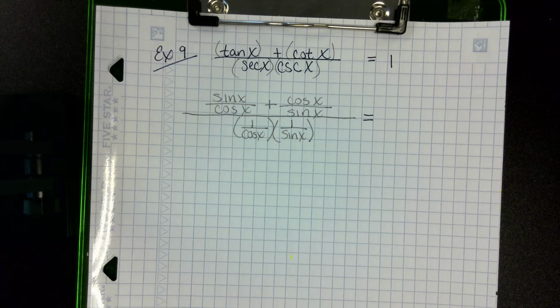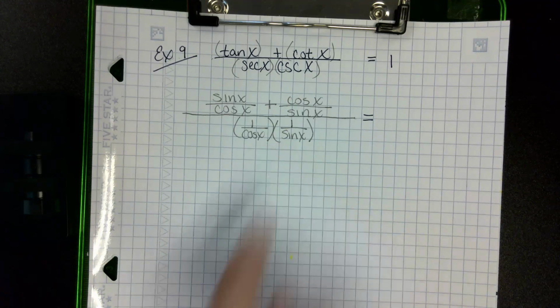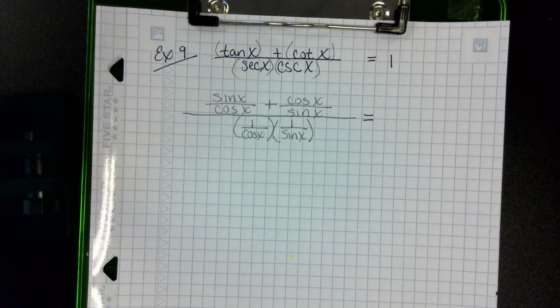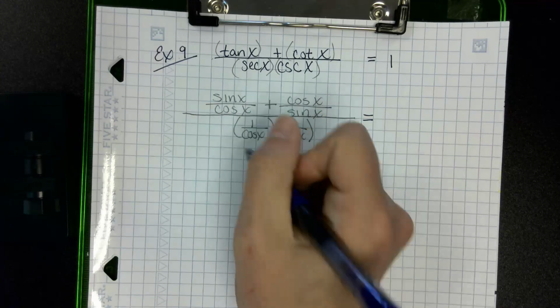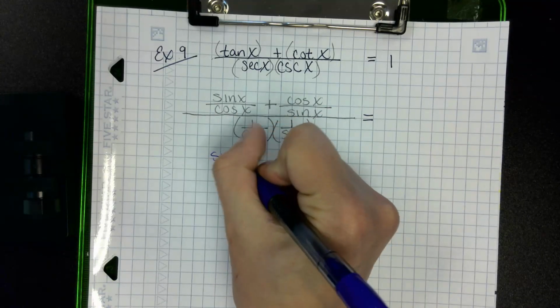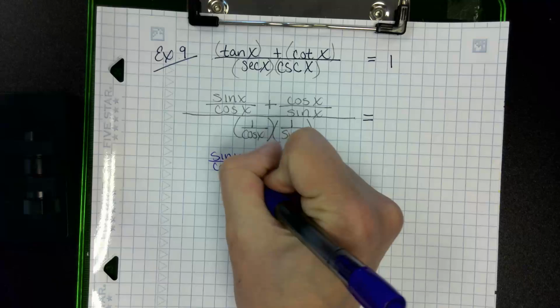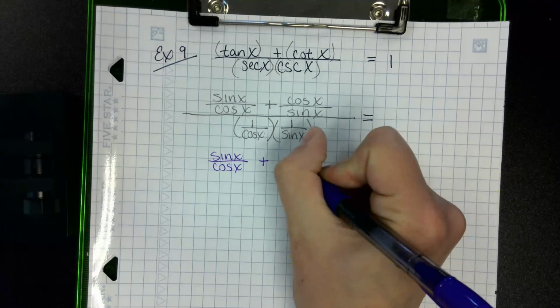For this one, I want to rewrite it again, because in the denominator I have these two being multiplied together. So I'm going to write it again with a single fraction in the denominator. I'm not changing the numerator yet. So I have sine over cosine plus cosine over sine.